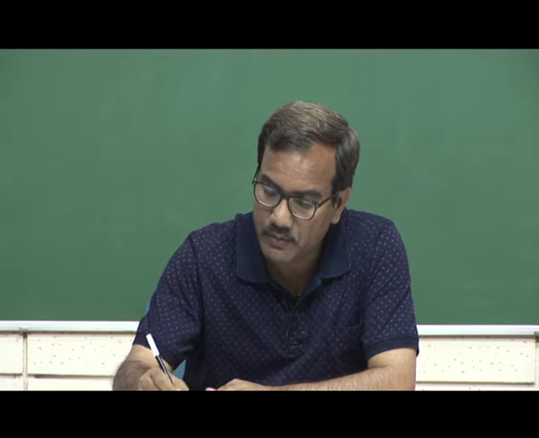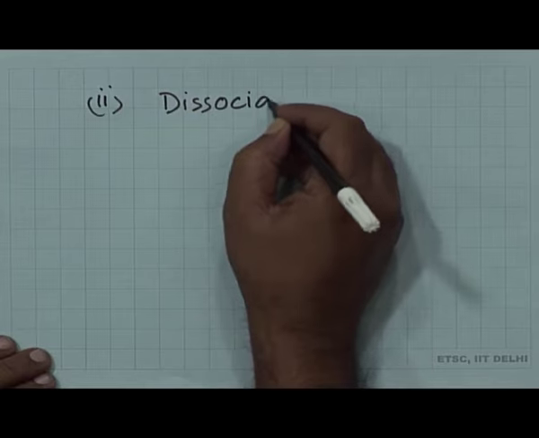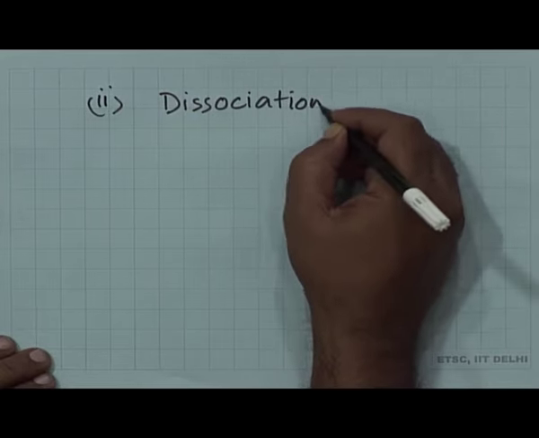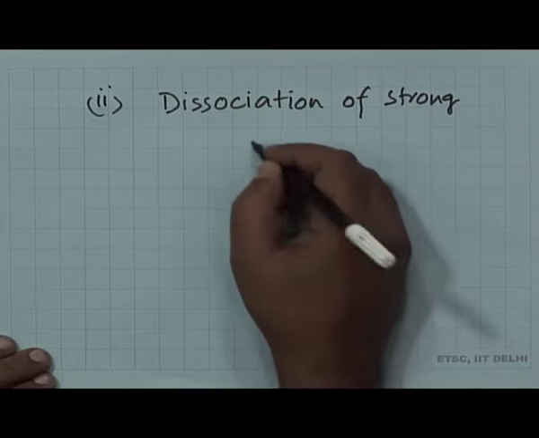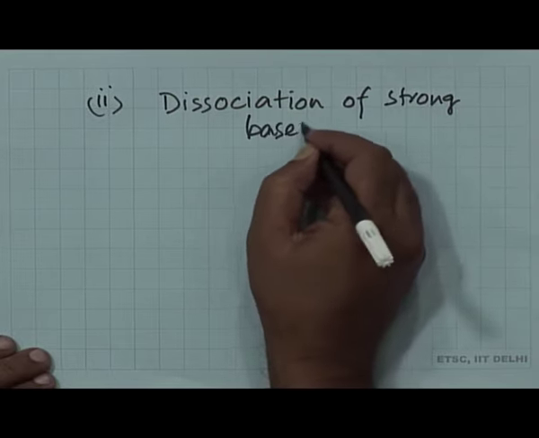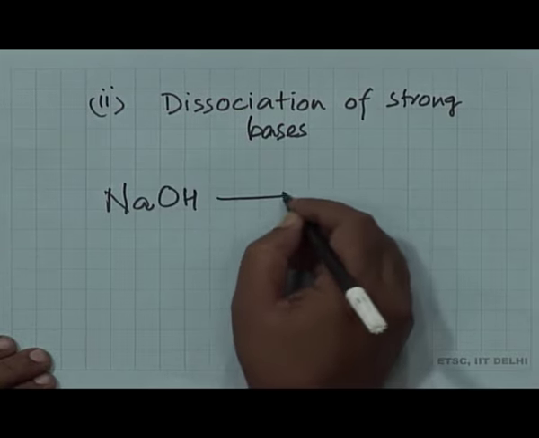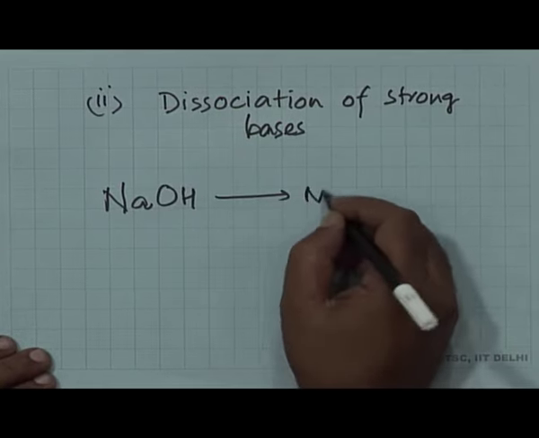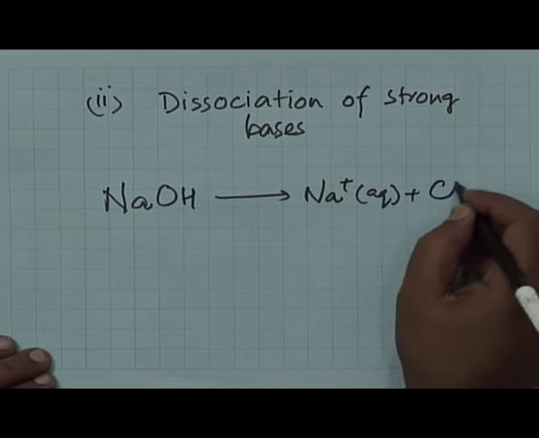Similarly, we can think of dissociation of strong bases, for example NaOH, sodium hydroxide. When you put it in aqueous solution, it will give Na plus aqueous plus OH minus aqueous.